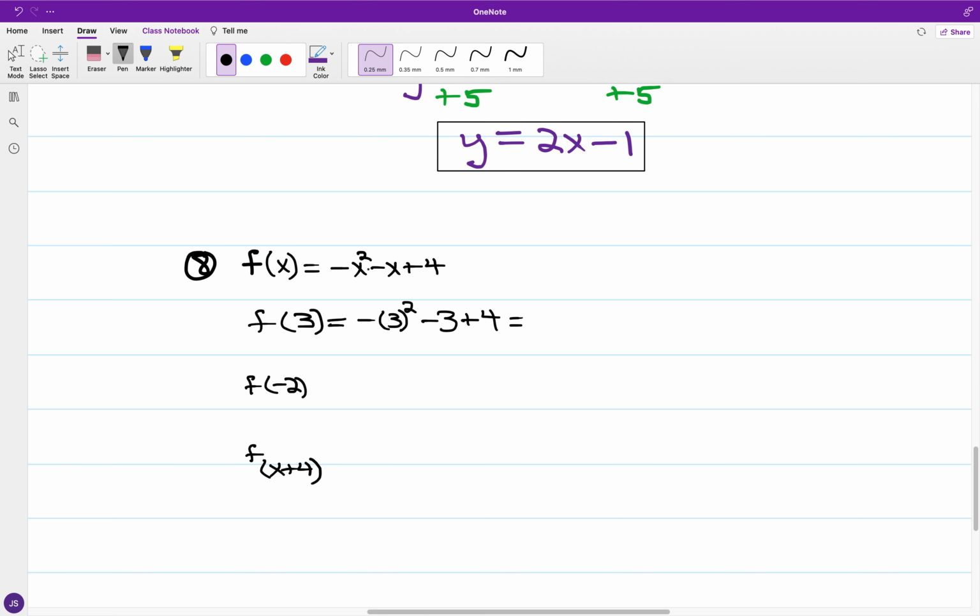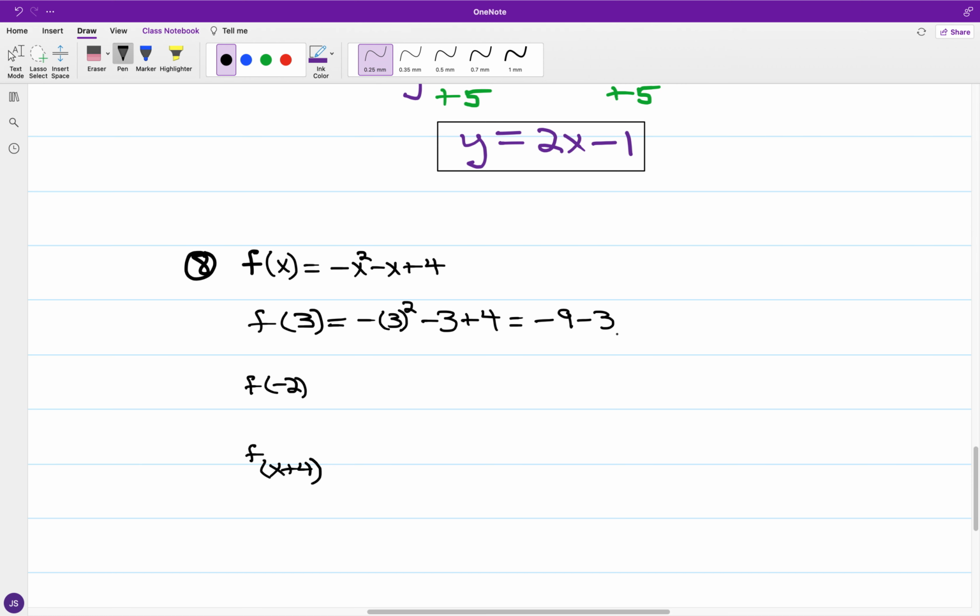So 3 squared is 9. Let me mention this: the negative of the square of 3 is not the same as the square of negative 3. Notice I don't have any parentheses around negative 3. So I'm taking the opposite sign of 3 squared. 3 squared is 9, and the opposite sign is negative 9.